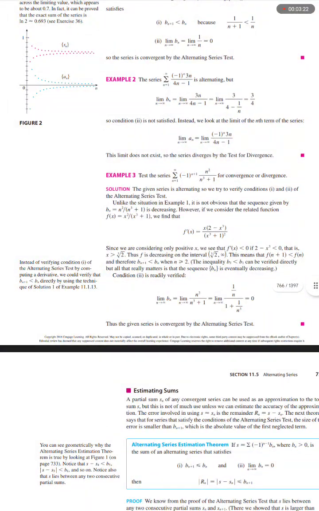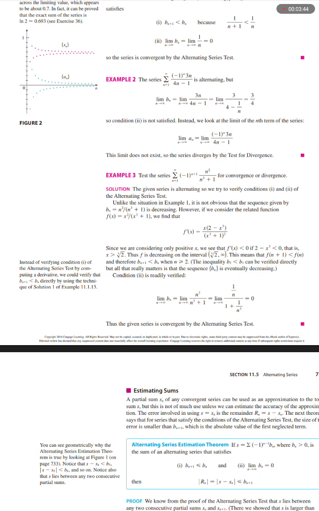Example 3. Test the series, the sum from n equals 1 to infinity of (-1)^(n+1) times n squared over n cubed plus 1, for convergence or divergence.